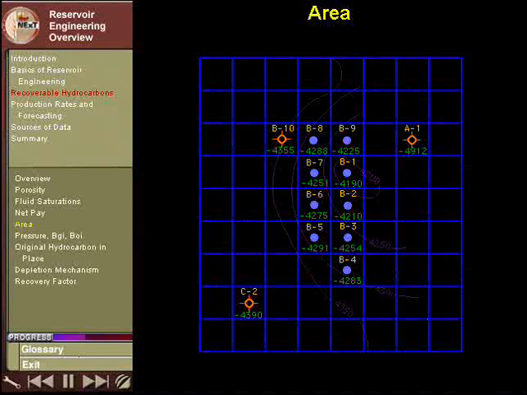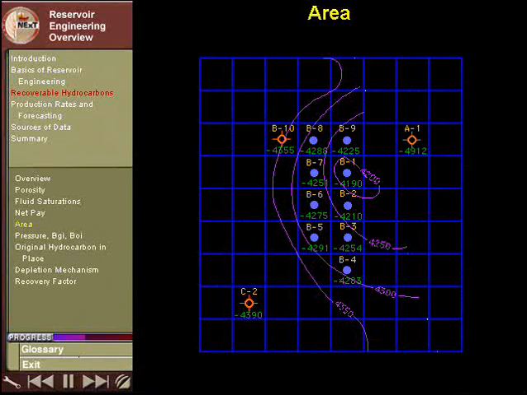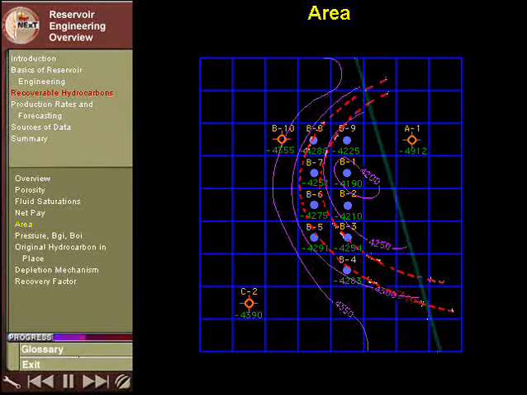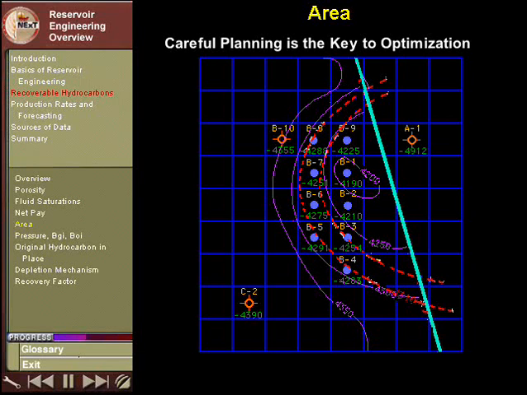Delineation drilling and well testing provide additional information to determine how far the reservoir extends and the location of fluid contacts. To minimize the cost of drilling delineation wells, the location of the wells should be carefully planned to obtain the most information with the fewest number of wells.